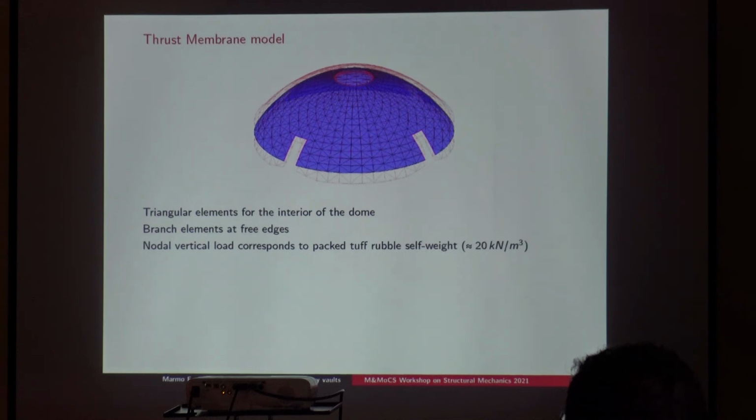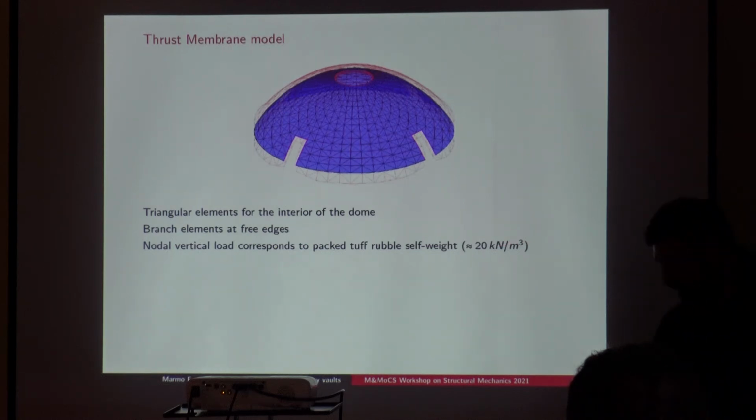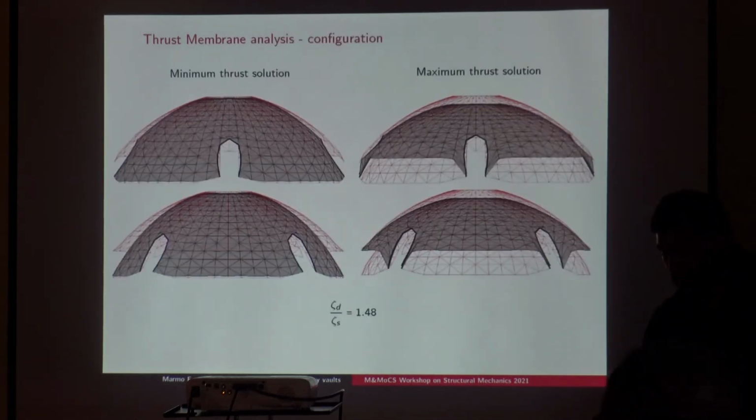And then the loading applied to this model is just the self-weight of the vault, because there is nothing on the top of the dome. It is not accessible, and so we're using just this density for evaluating the self-weight.